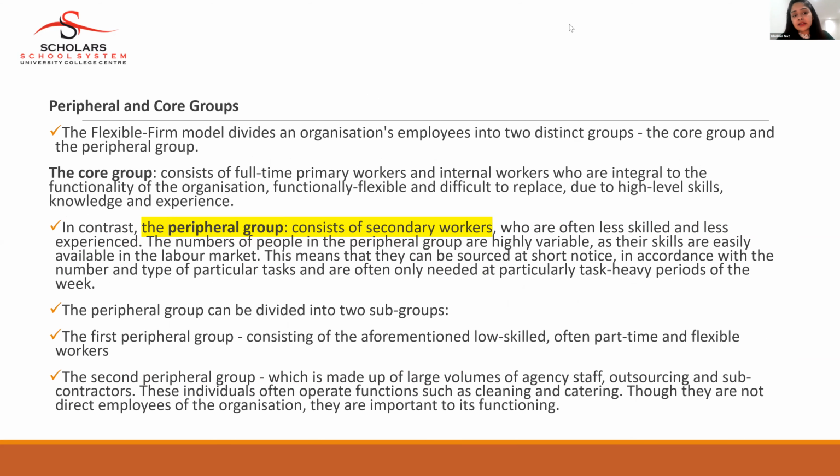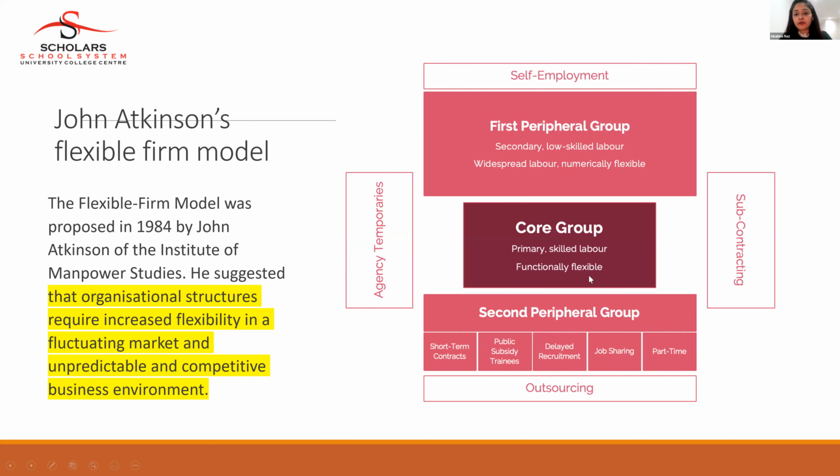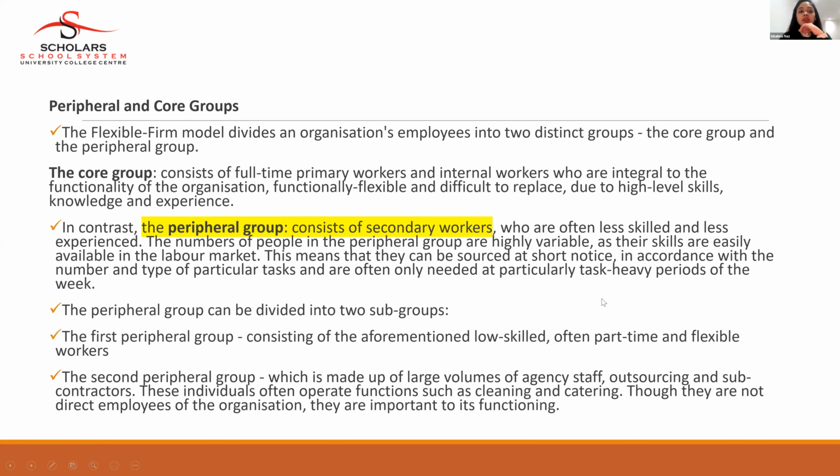So in Atkinson's flexible firm model, we have two groups, known as the core group and the peripheral group. We will look further into what we mean by the core group and the peripheral group. The core group consists of full-time primary workers and internal workers who are integral to the functionality of the organization. They are functionally flexible and difficult to replace due to high-level skills, knowledge, and experience. In contrast, the peripheral group consists of secondary workers who could be less skilled and less experienced.